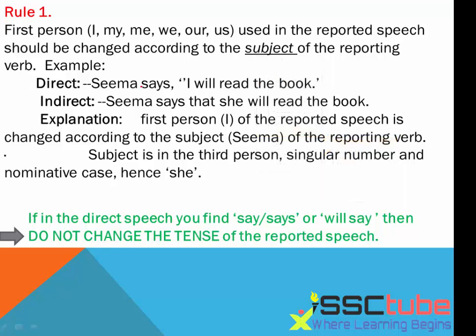Now the subject is Seema, and the reporting verb is says. The first person I will be changed according to the subject, that is, according to Seema. Seema is a girl, so it will be changed to she.